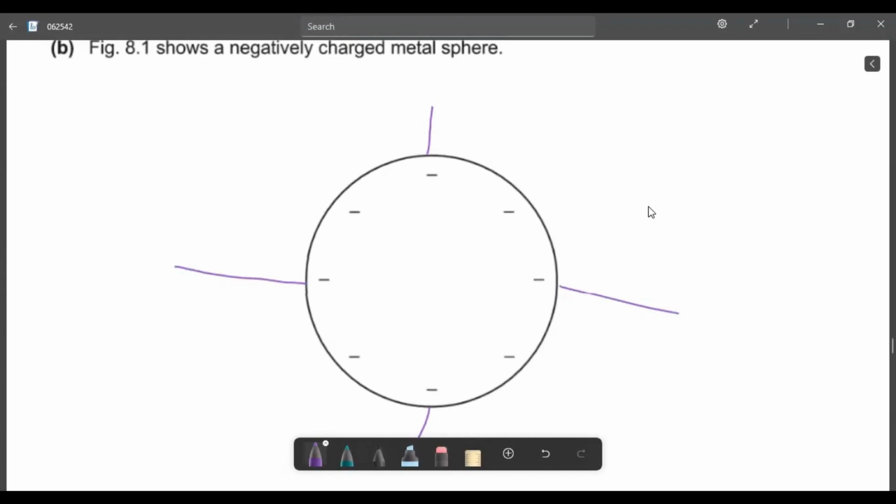As it is negatively charged, the arrows will be inwards. If it was positively charged, the arrows would have been outwards. For example, if the sphere is this one and is positively charged, we will draw the arrows outwards. As it is negatively charged, the arrows should be inwards.